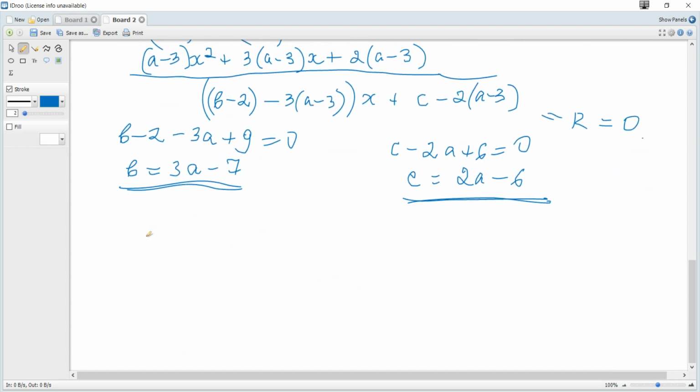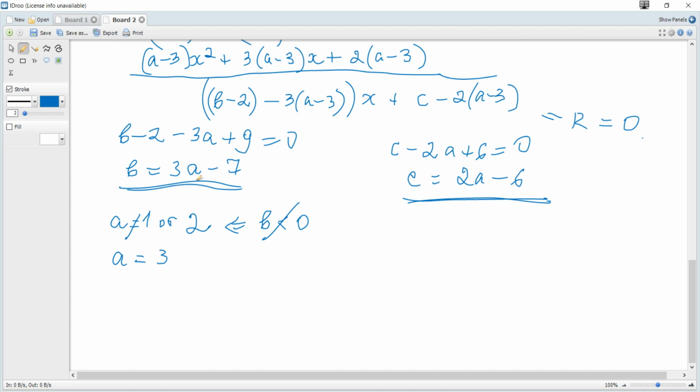So if a is 1 or 2, we can see that b is negative, which is impossible. So b is negative, so this cannot be negative, implies that a cannot be 1 or 2.